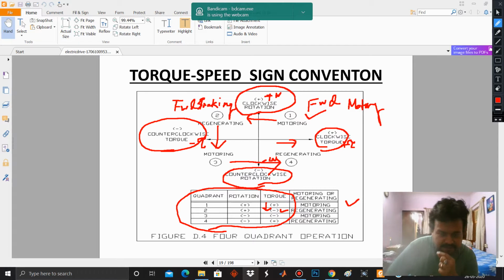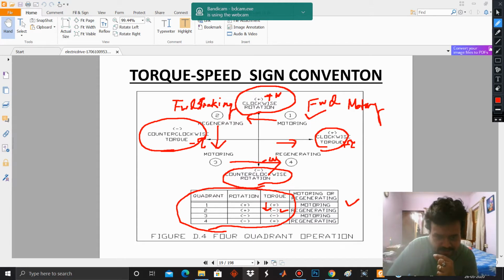Now let us migrate from the second quadrant to the third quadrant. So what is our first observation? The torque is negative. The sign of the torque is not changing from the second to the third. It is negative in both cases. That means the torque was counterclockwise in the second quadrant, and in the third quadrant also it is counterclockwise, so there is no sign change.